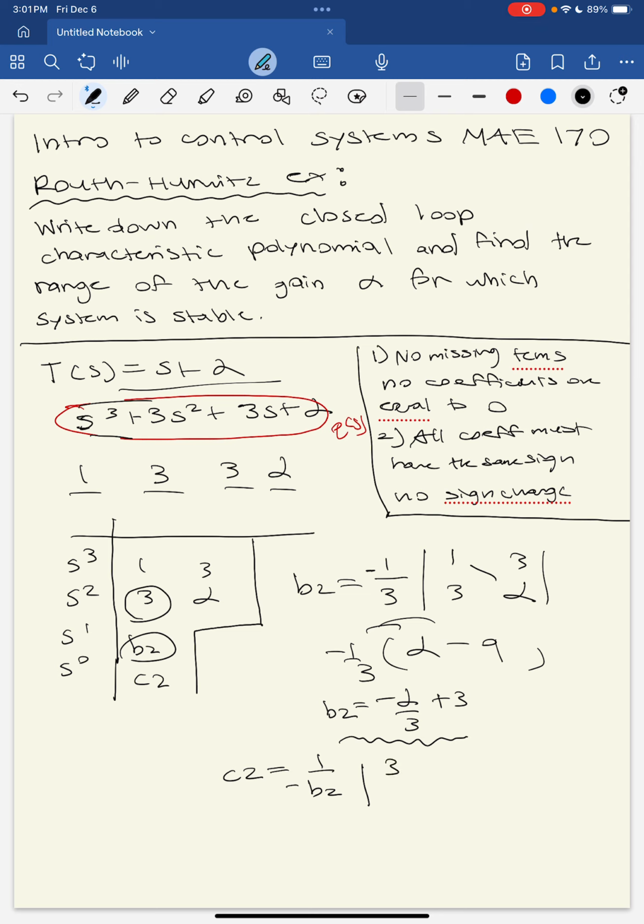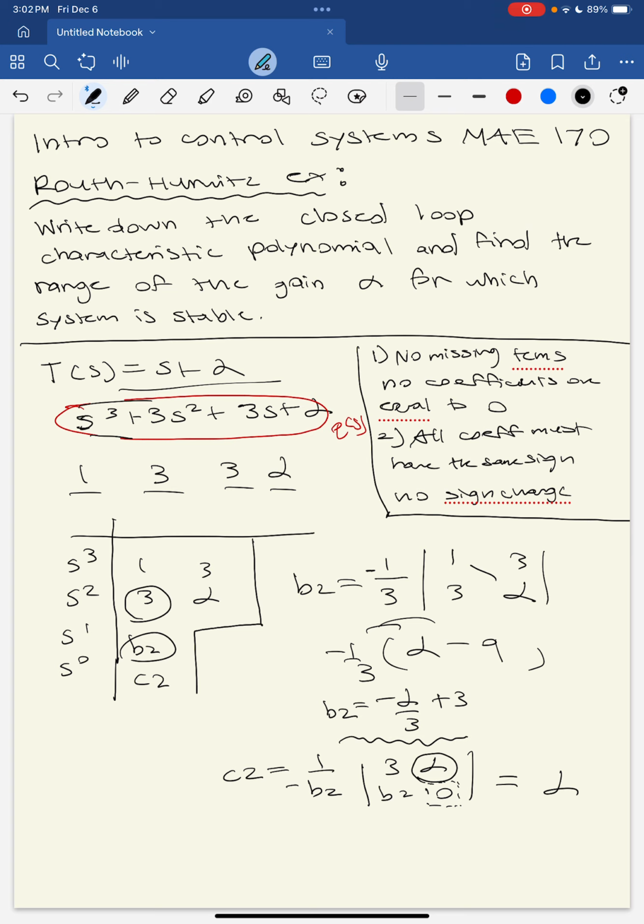Then you're going to have 3, alpha, whatever your B2 was, and 0. So here is where the trick comes in. Basically, if you have a 0 here, whatever is on top of that 0 is going to be your answer, right? So that would be just alpha. That's what's equal to your C2.